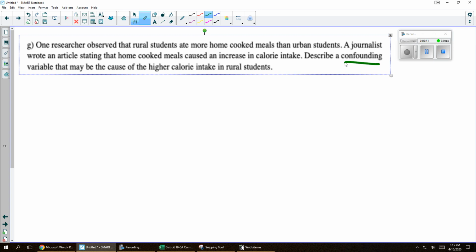So for example, maybe they're more active, and so they eat larger portions if they live out in the country. So we're unsure if the reason they ate more calories was because they're more active or because they're eating these home cooked meals. That's a confounding variable. And if that's linked to where they live, it's going to be hard to tease out the difference just from the information we have there.